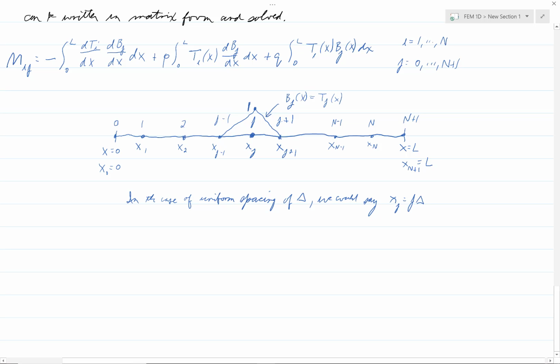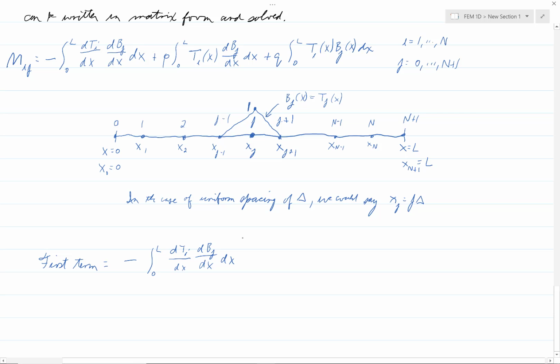And I suppose the best way to do this is just to look at each term individually. So the first term here is just minus the integral 0 to L of dti dx dbj dx dx.